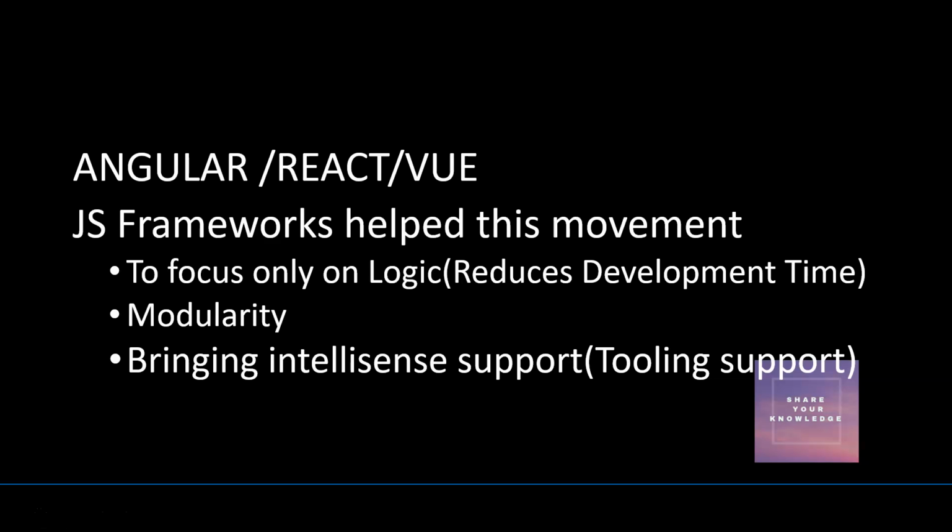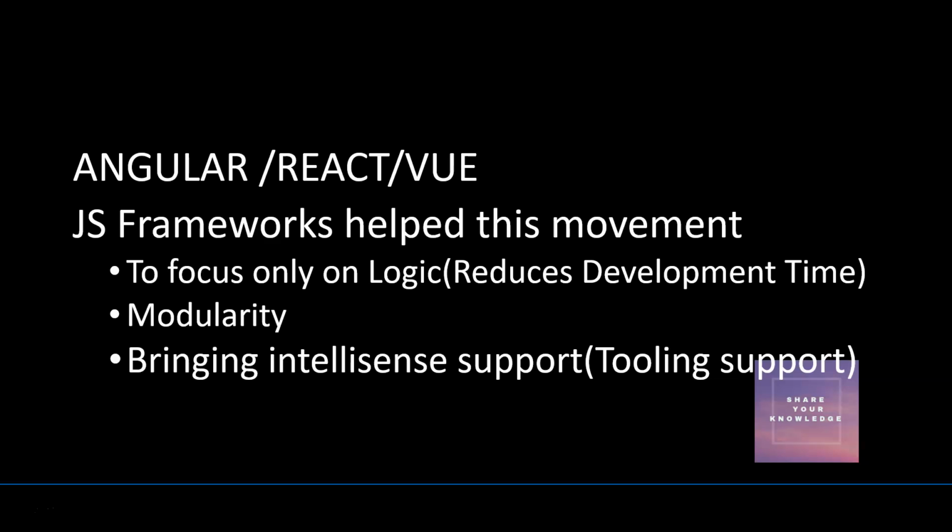So these words you would have heard: Angular, React, and Vue. These were all JavaScript frameworks which implemented client-side rendering, and these frameworks have helped the movement to client-side rendering.